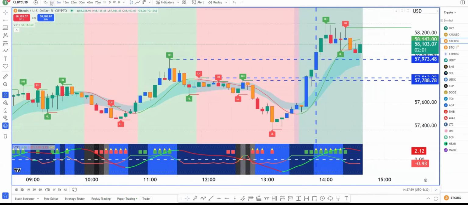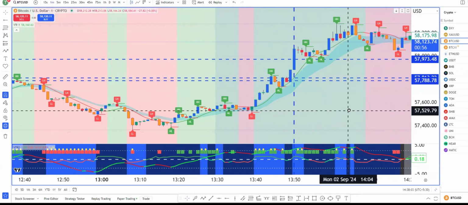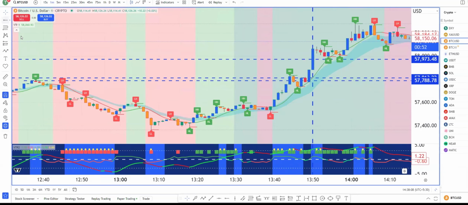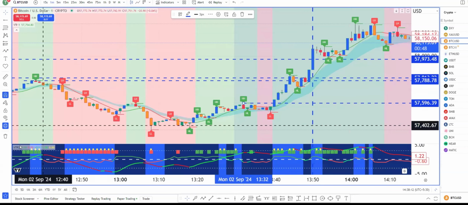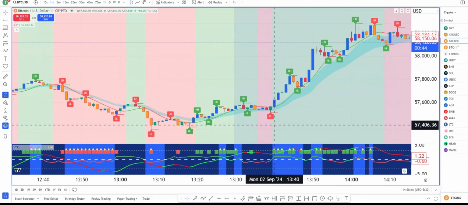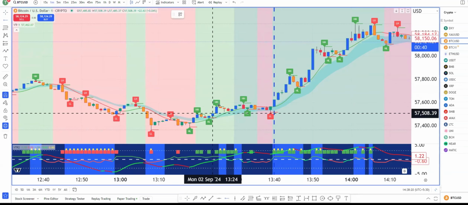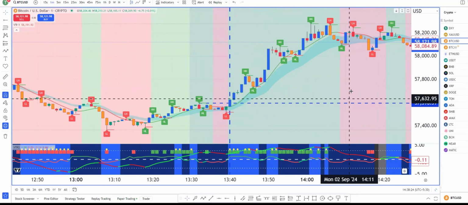So if I take it down to a 1-minute chart, see here, the previous high was here. Let me clear everything. The previous high was broken on this candle. Voila, that's your entry point.